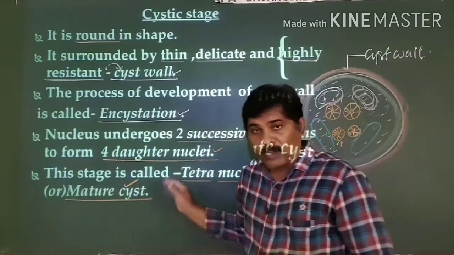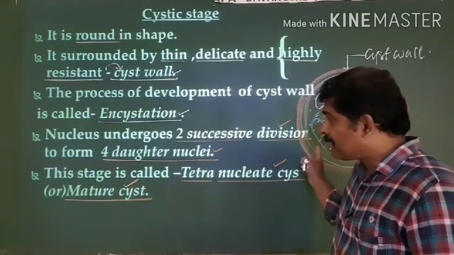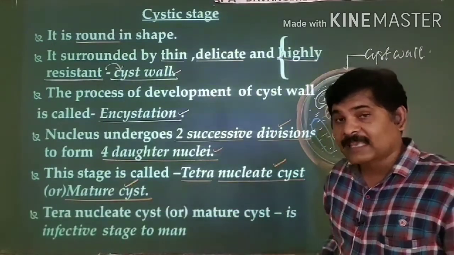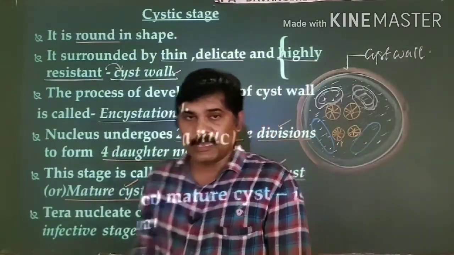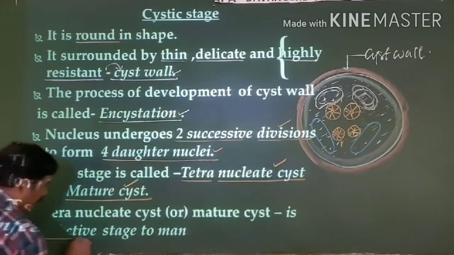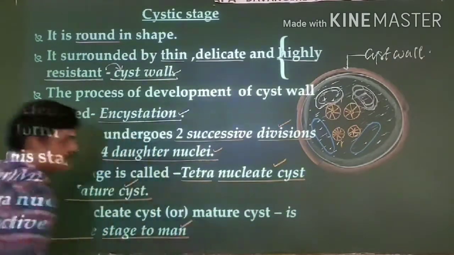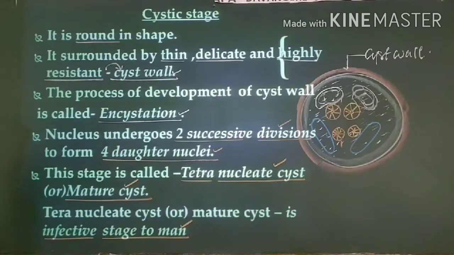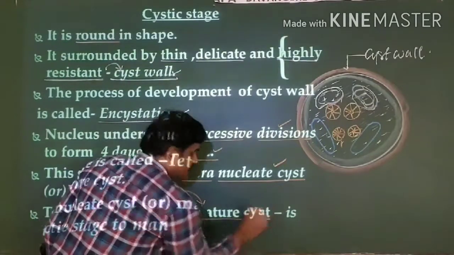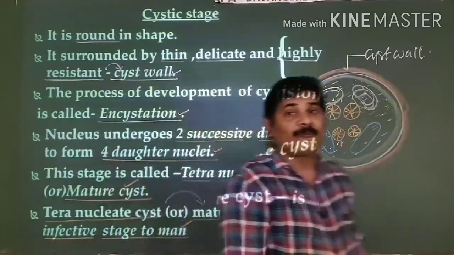So the very important point related to this is that this tetranucleate cyst stage or mature stage is known as the infective stage to a human being. The infective stage. It is an infective stage of man. What is that? Tetranucleate cyst or the mature cyst. You know very well about the infective stage.